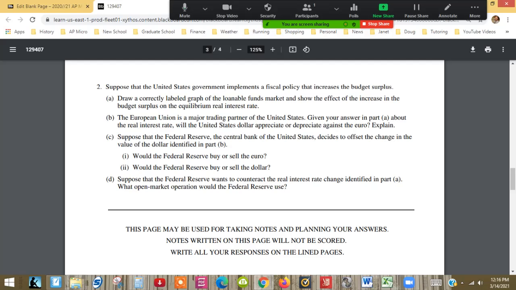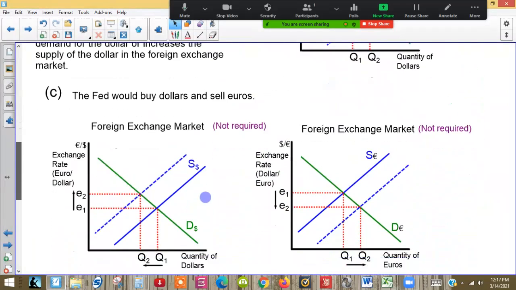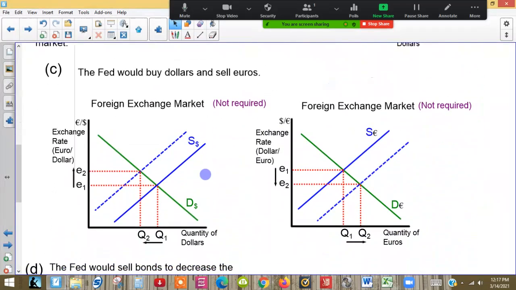So what the Federal Reserve wants to do is bring the value of the dollar back up, so they want the dollar to appreciate against the euro. So you don't have to draw the graphs, but I have, because it really helps. Okay, so let's go back over here and let's look at it. So the short answer is the Fed would buy dollars and sell euros.